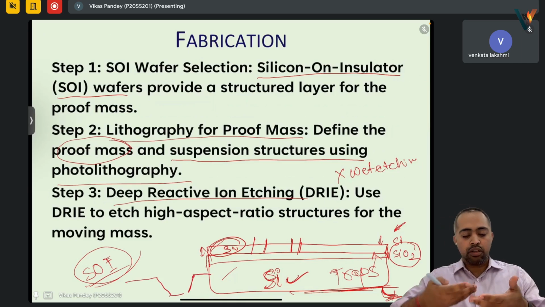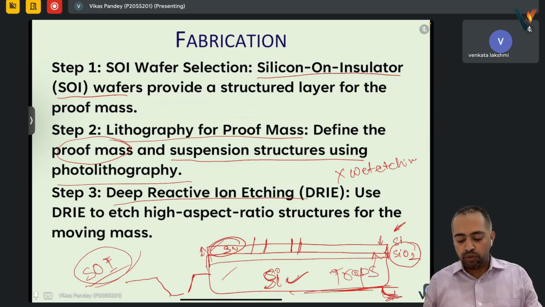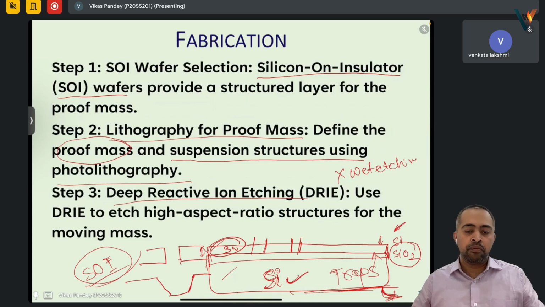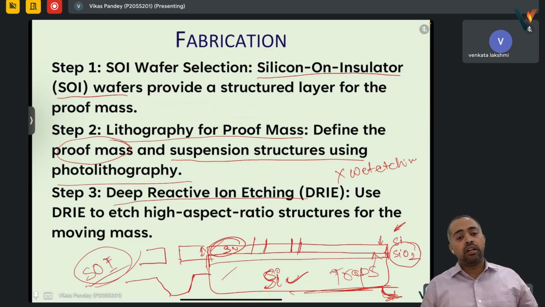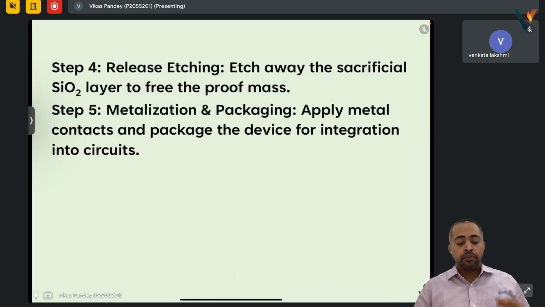And here we want the comb kind of structure to be high in aspect ratio. We want very sharp features. So we go for deep reactive ion etching. As we have seen, plasma etching, deep reactive ion or dry etching, these give us better aspect ratio. Then release etching, that is we will remove.